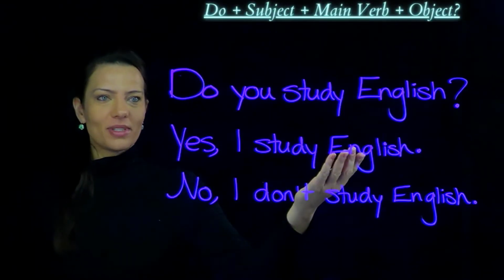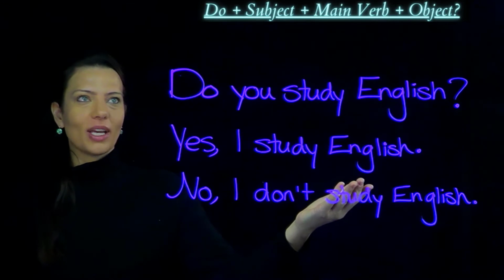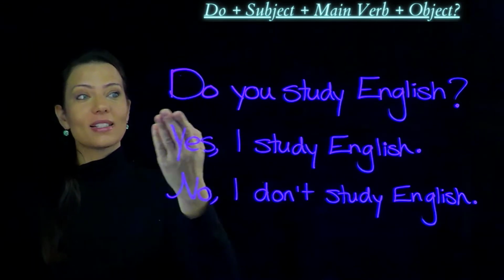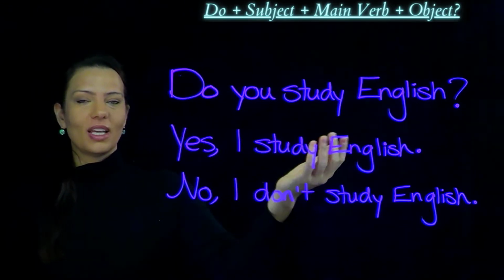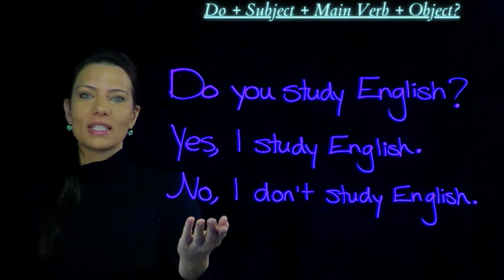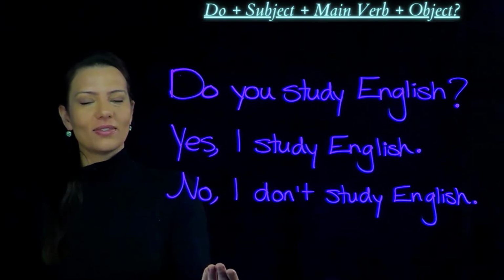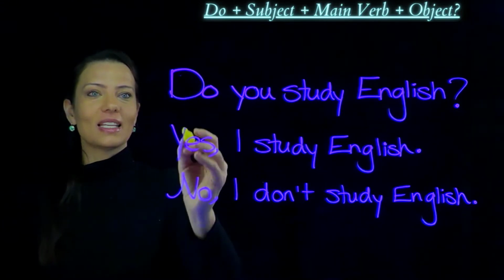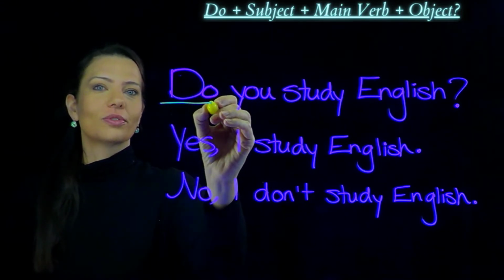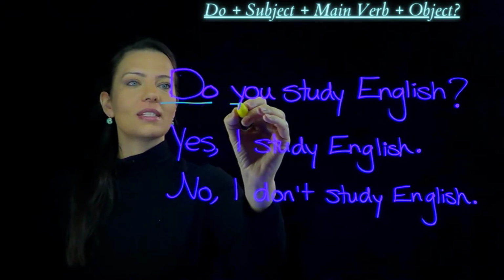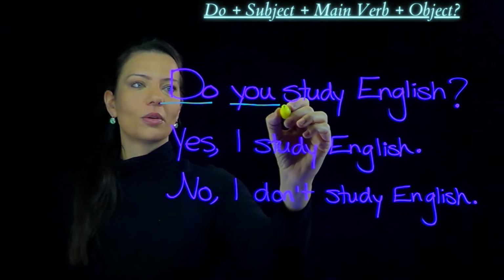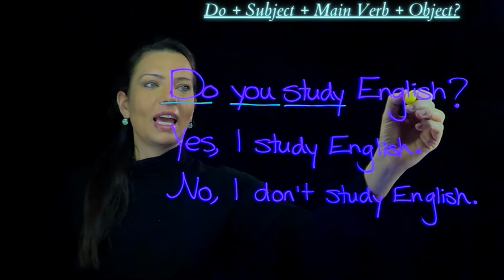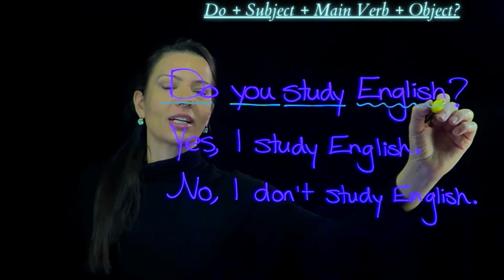In these examples here, we can see that we're following the patterns for asking a yes/no question. And then following this, we see the affirmative statement and the negative statement. The formula for the yes/no question is do plus the subject plus the main verb, and here we have the object.